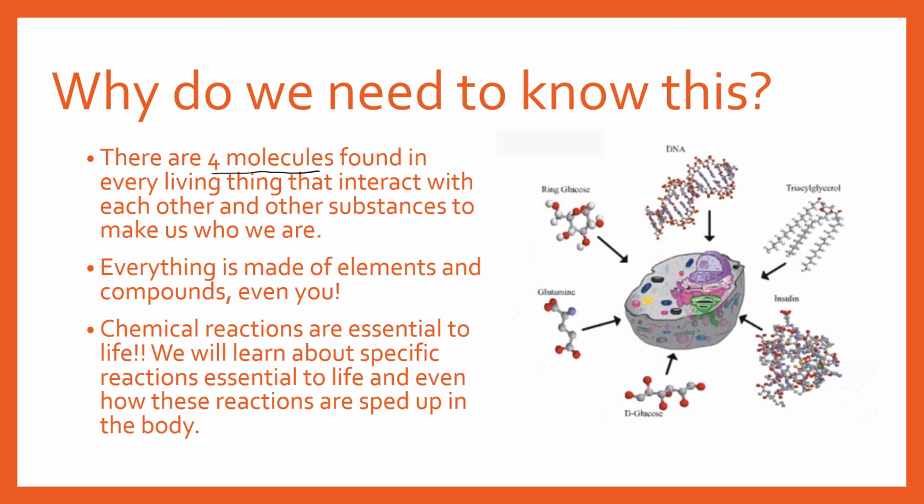Also, the only reason why we're able to move or breathe or talk or even sleep is because there's chemical reactions happening in our body, giving us energy or moving our body and allowing us to do all of these things. We're even going to talk about special items inside our body, special molecules that will let us speed up reactions so that we can do things that otherwise wouldn't normally happen in nature. It's pretty cool.